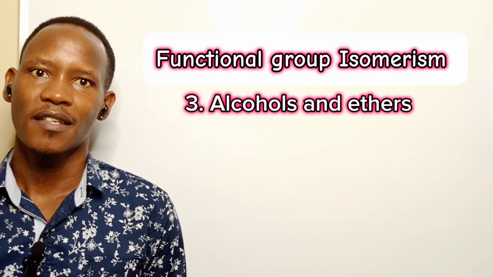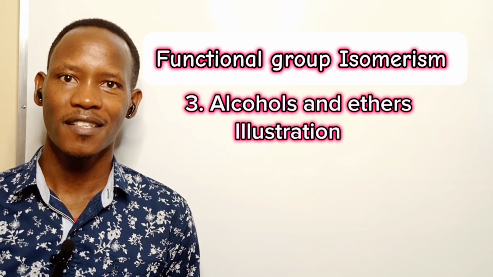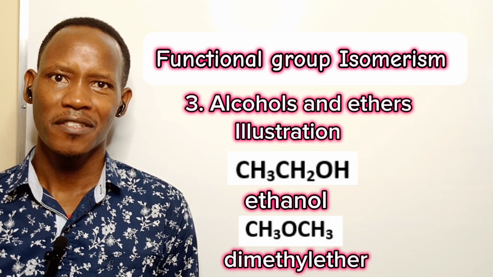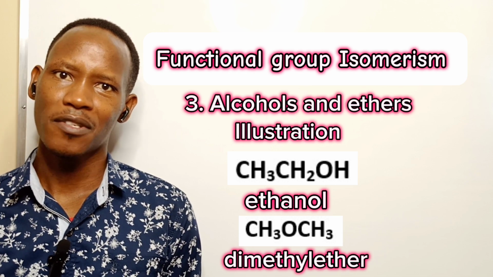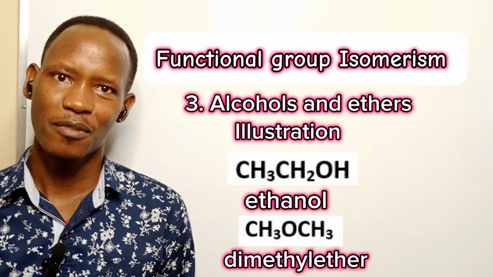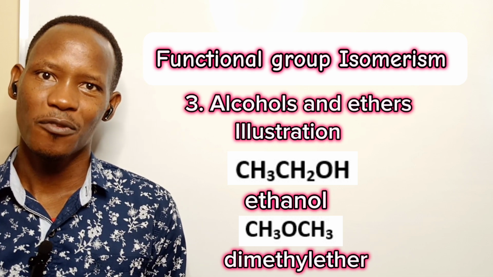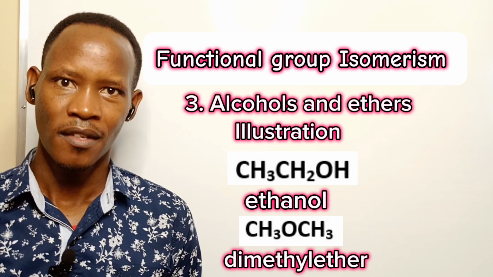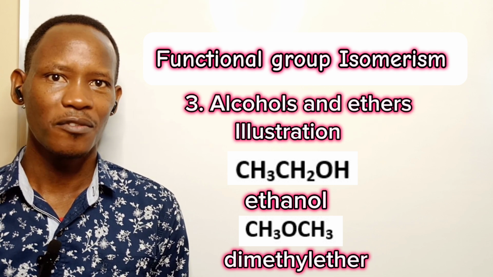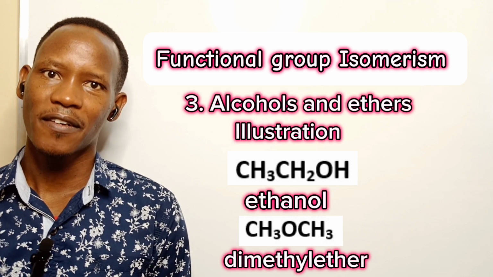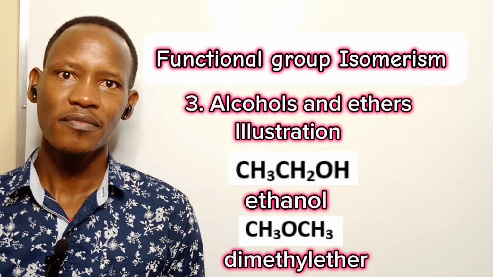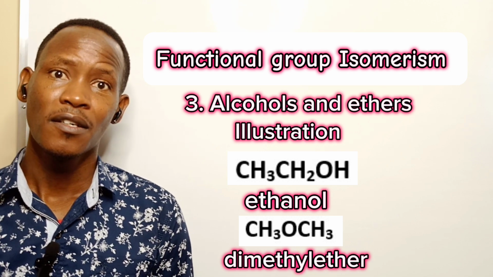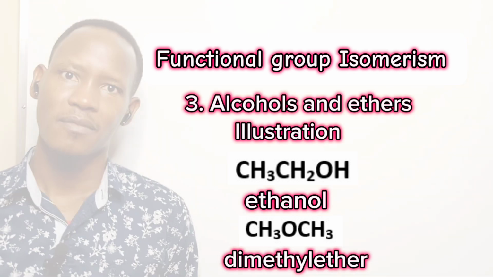Displayed beside there is the alcohol that is known as ethanol, and its corresponding functional group isomer on the part of ethers is also displayed there, whose IUPAC name is dimethyl ether. Consequently, the two compounds are not the same since they have different functional groups. With this, we come to the end of our first class, which is functional group isomerism.